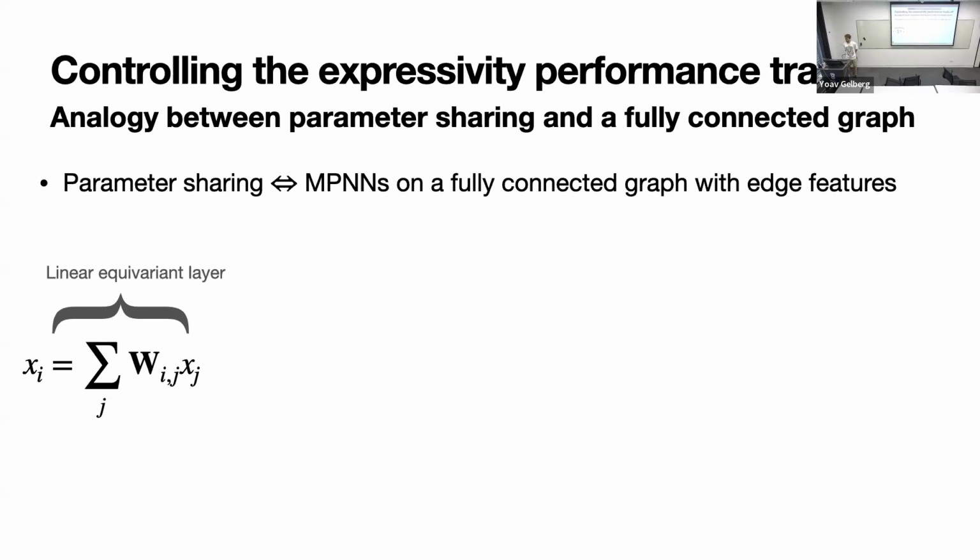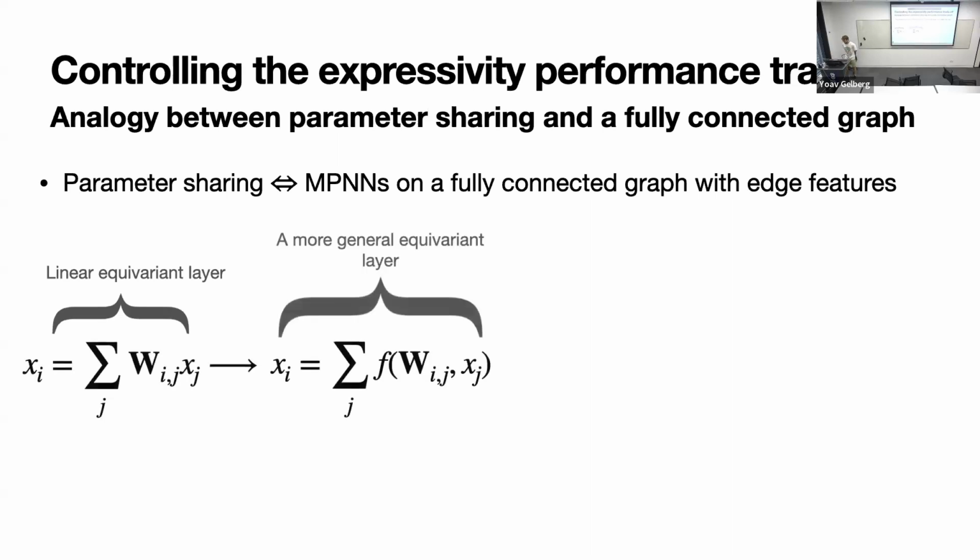So to do that, we developed this pretty simple analogy between parameter sharing and MPNNs on a fully connected graph with edge features. It goes as follows. A standard linear layer takes the following form, and it can also be equivariant if Wij has the proper parameter sharing scheme that respects the symmetry.